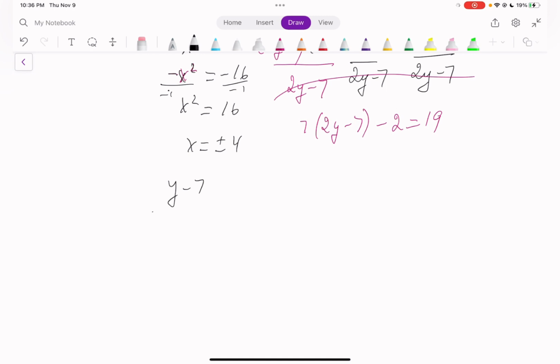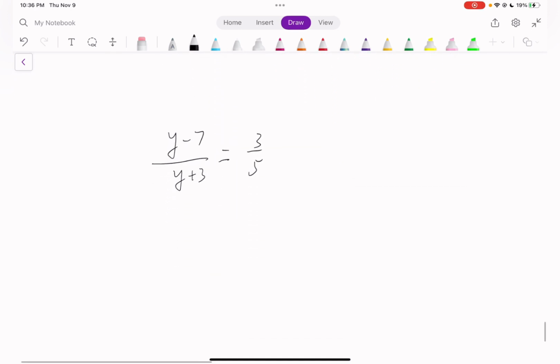y minus 7 over y plus 3 equals 3 over 5. Well, okay, let me solve it, since I started again. So this is going to be times 5. If you don't put parentheses, it's going to be 5 multiplying only y, and then plus 3 by itself, so you can't do that. And y plus 3 here, y plus 3 here.